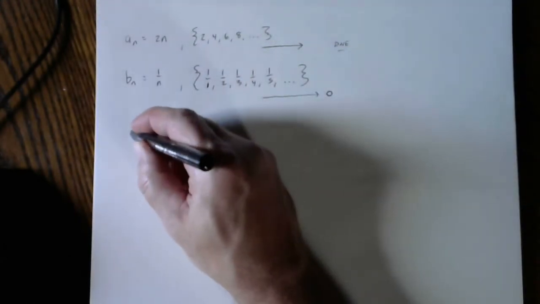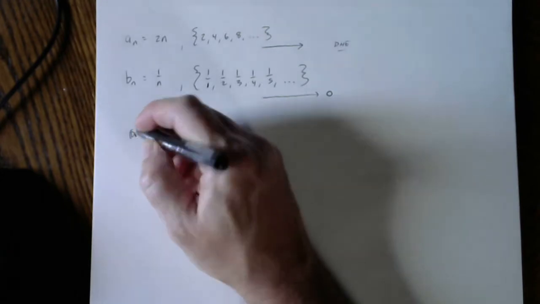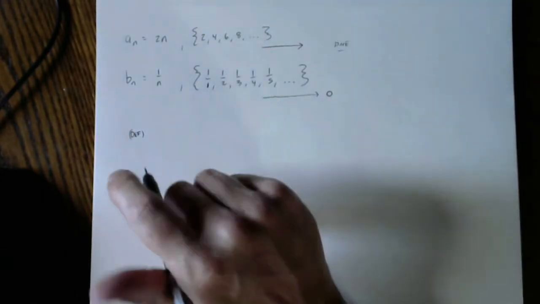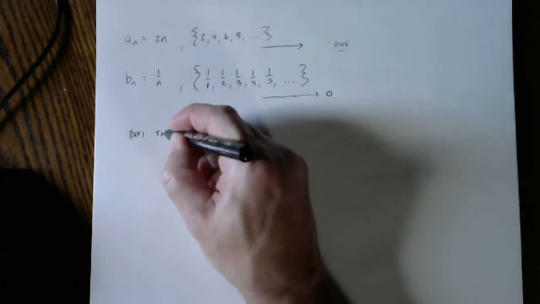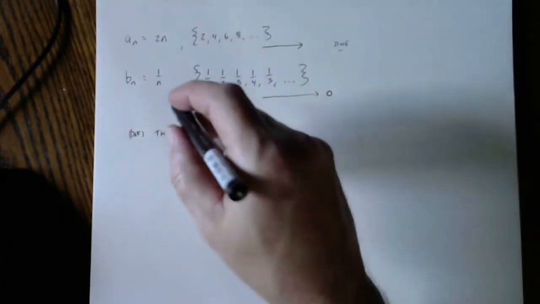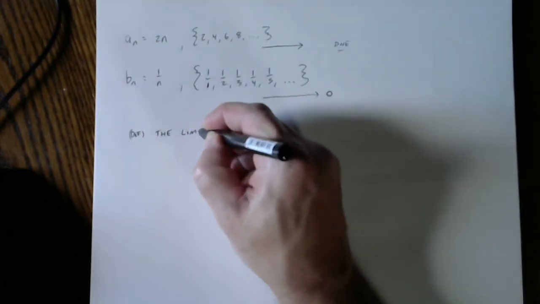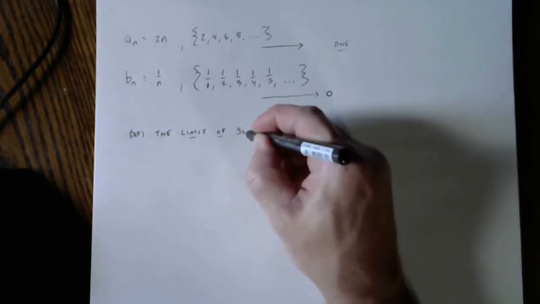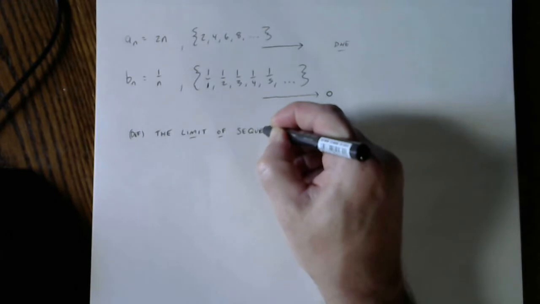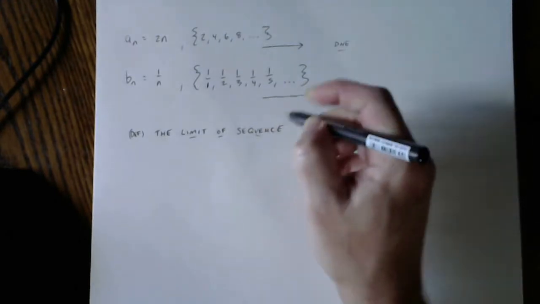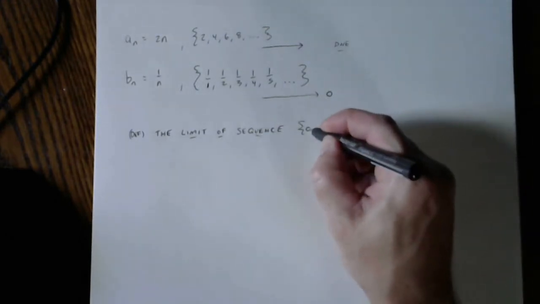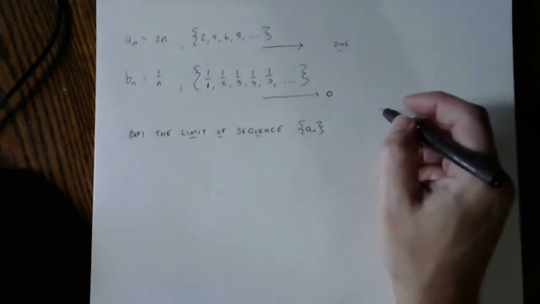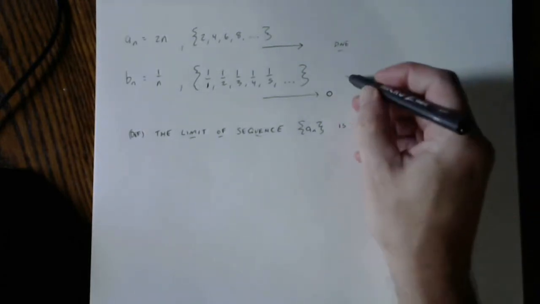So I'm going to write out this definition. And it's a little wordy, as all limit definitions are. But a lot of the language is the same. If you know about limits of functions, this is sort of the same, but not. The limit of a sequence. And there's good news coming. And I'm going to write this generic sequence, this a_n, is L, in this case 0.